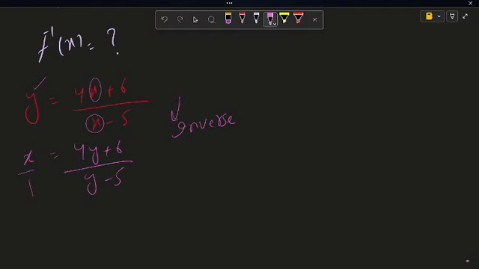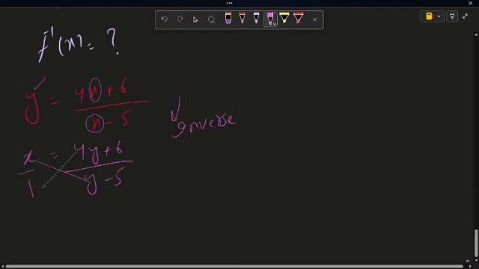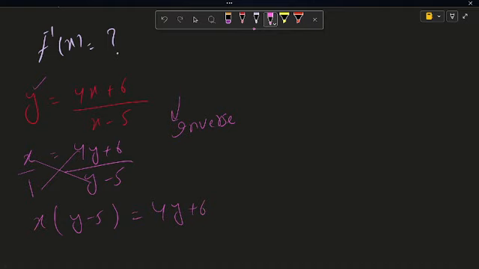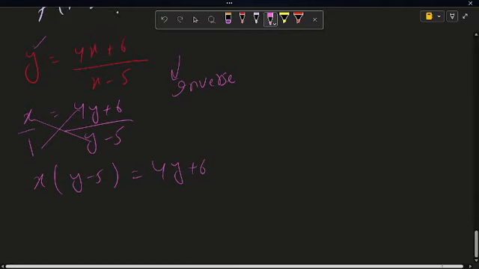What can I do next? I can do the cross multiplication. The whole part under the pink marker denotes the inverse of the function. That gives x times y minus 5 equals 4y plus 6. I can multiply x inside to the left, so xy minus 5x equals 4y plus 6.